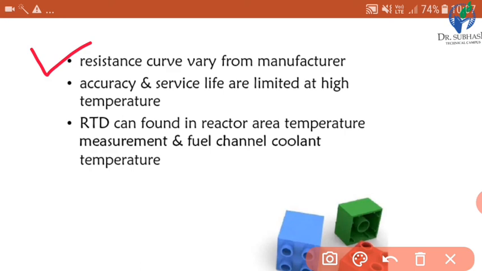Another disadvantage is that accuracy and service life are limited at high temperature. If we are using it at high temperature, then accuracy is limited and its service life is also limited. So this is the disadvantage.